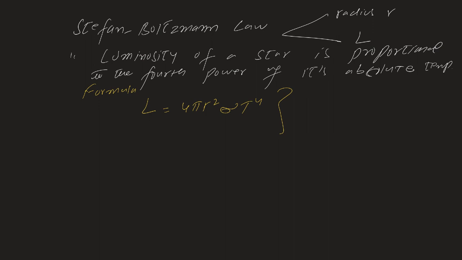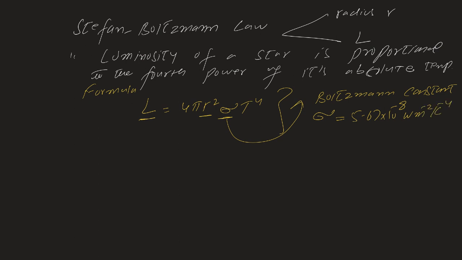L we know is luminosity, r is the radius of the star, and this Boltzmann constant we call sigma, and its value is 5.67 into 10 power minus 8 watt meter inverse Kelvin minus 4.